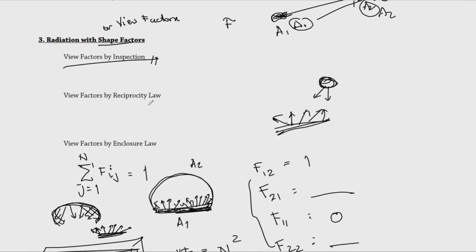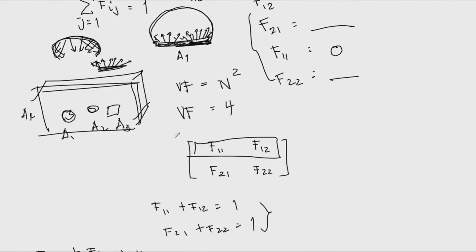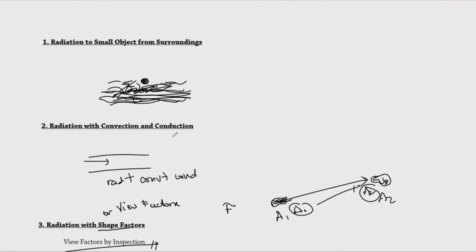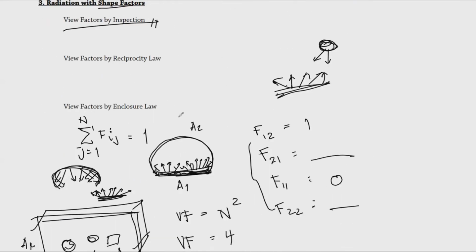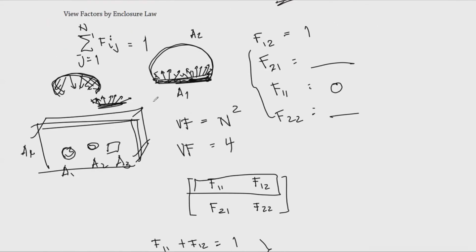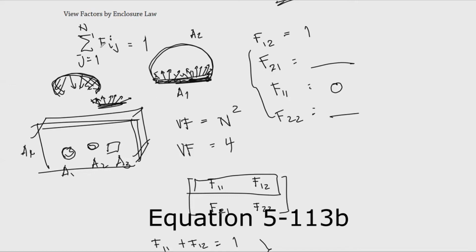So we're talking about an enclosure here. If it's not an enclosure, let's say this example, which is open to the surroundings, this law is not applicable. You can find this enclosure law in your Perry's handbook at 5-113b. So that's the equation for the enclosure law.